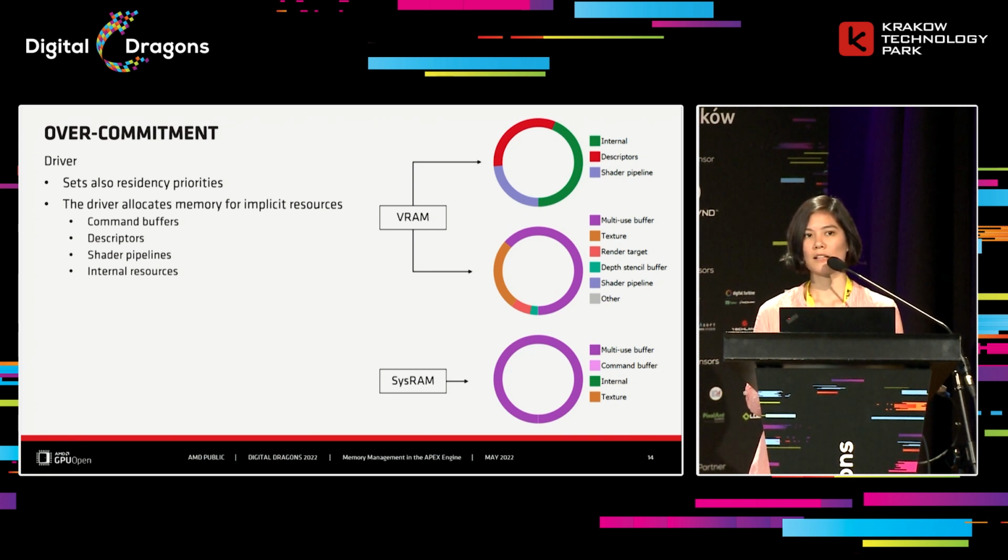And the driver also allocates memory for implicit resources, such as command buffers, descriptors, shader pipelines, and also potentially internal resources that the driver needs to do its own work. For these implicit resources, the driver decides where it wants to put them. So command buffers, for example, get placed in system memory, and shader pipelines get placed in video memory.